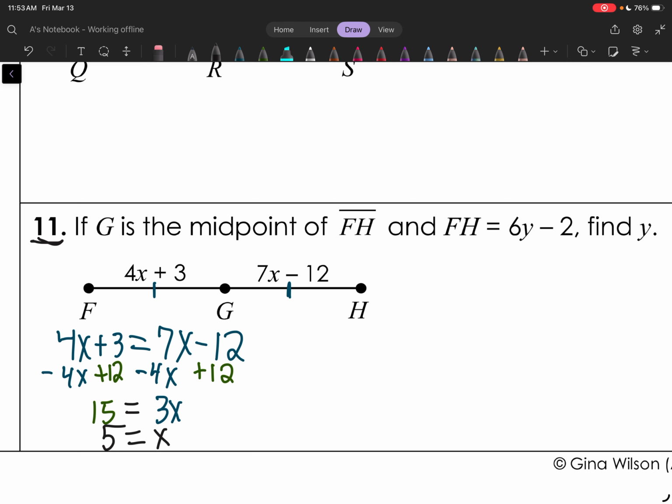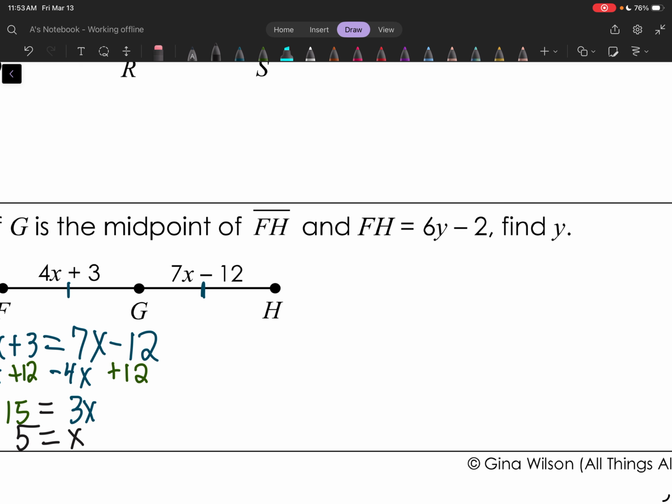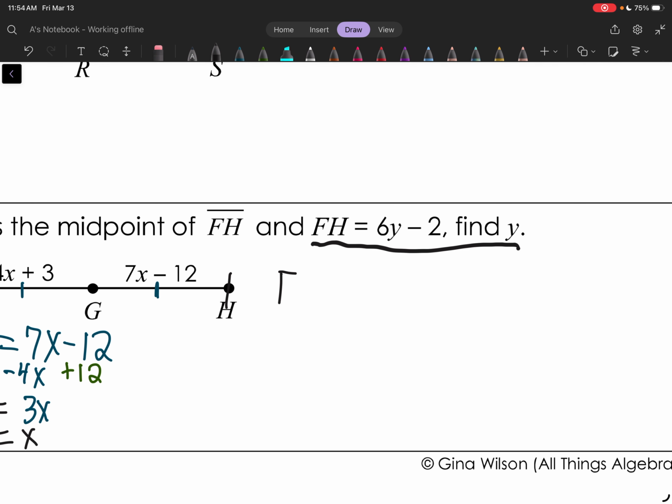Alright, this is where we're going to start for this problem. Now, FH is 6y minus 2. The entire length is 6y minus 2. I need to find the value of y. Before I can do this portion, I need to figure out what the length of FH is. So FH is equal to, you have 2 options.